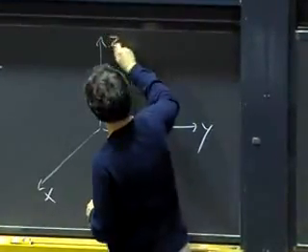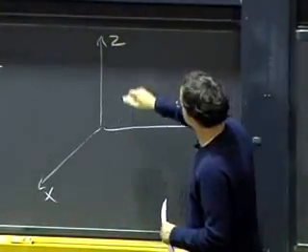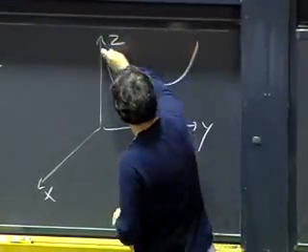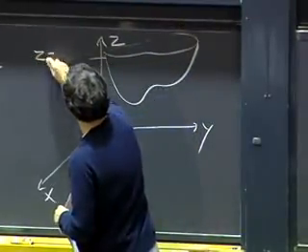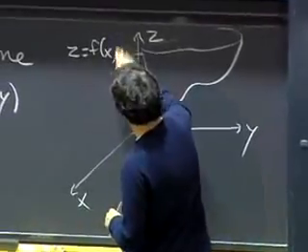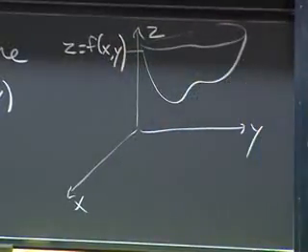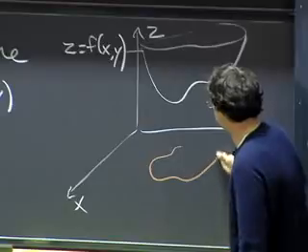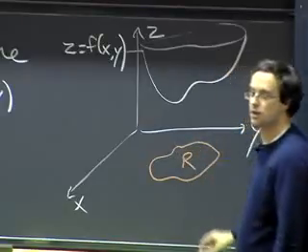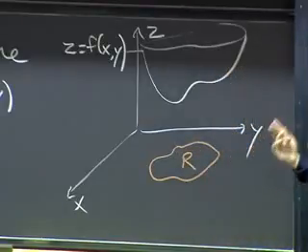Let's draw a picture for what this means. I have a function of x and y. I can draw its graph. The graph will be the surface with equation z equals f of x and y. And I have to decide where I will integrate the function. So for that, I will choose some region R in the xy plane, and I will integrate the function over that region.